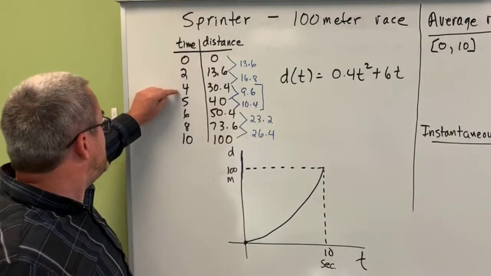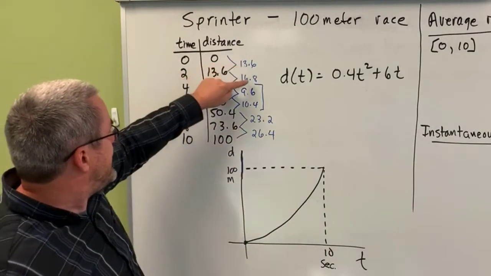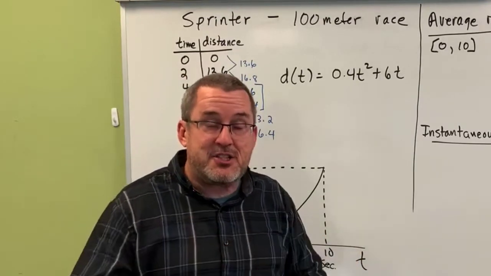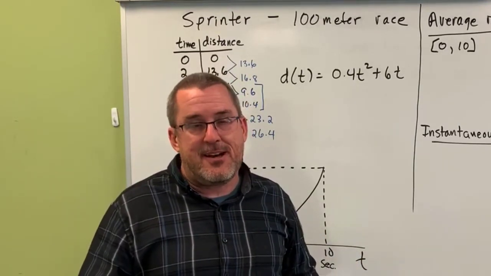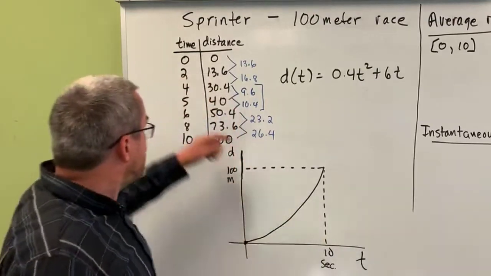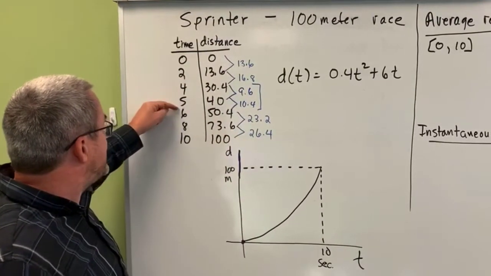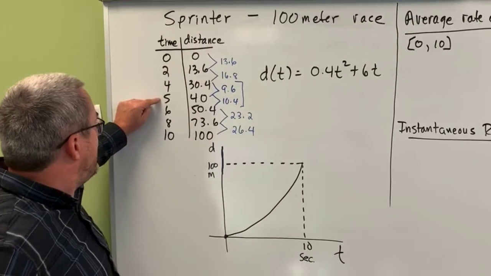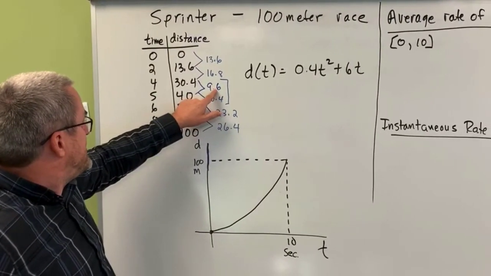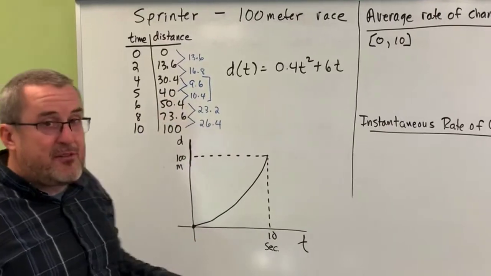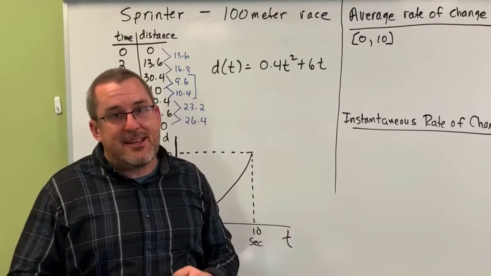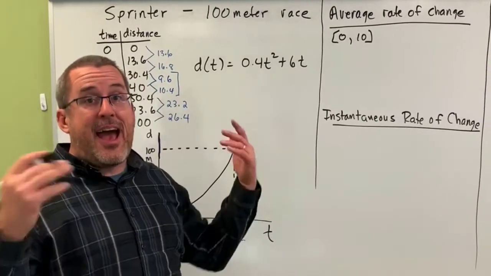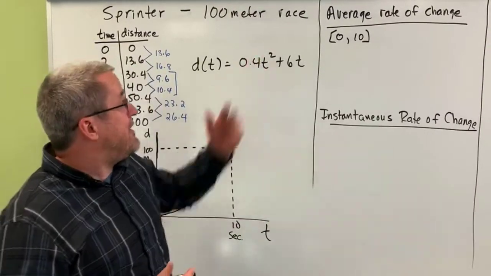So looking at these 2-second increments, we see an ever-increasing change in distance that this runner has accomplished. Also, in the middle here, I had some 1-second intervals, and you can likewise see that in these 1-second intervals of time, the distance changed by 9.6 or 10.4, and so again, we're not seeing a constant rate of change. But we can still talk about the average speed of the runner, the average rate of change.